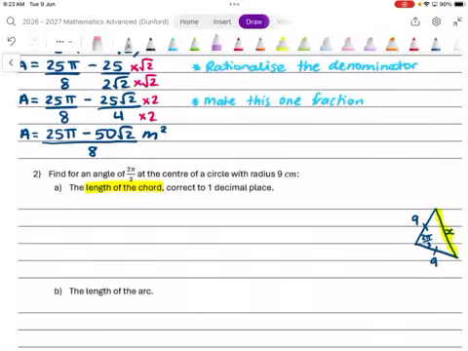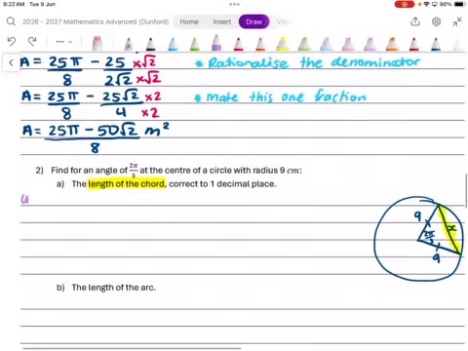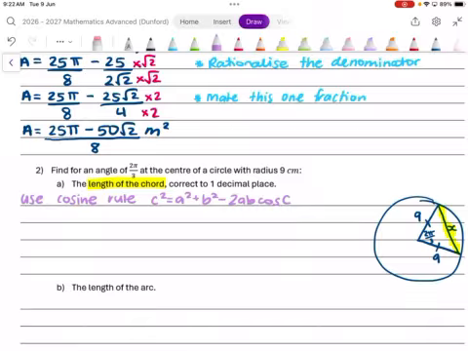Yeah, we're going to use our cosine rule, which is c squared equals a squared plus b squared minus 2ab cos c. So our c is our x. So x squared equals 9 squared plus 9 squared minus 2 lots of 9 cos 2 pi on 3.